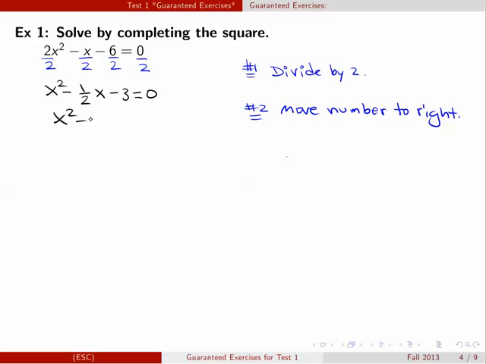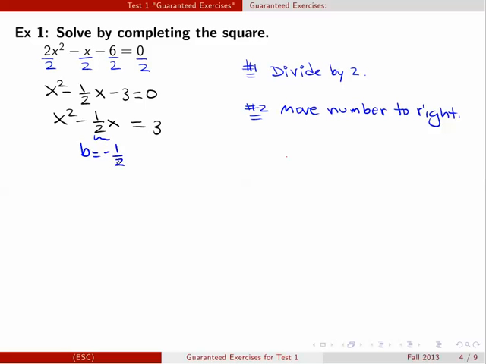And so when we do this, we get this simple expression. Now when you complete the square, the idea is that we're going to be adding a special number. In this case, that special number is obtained by looking at this coefficient of x. This is a number b, so this is negative 1 half.